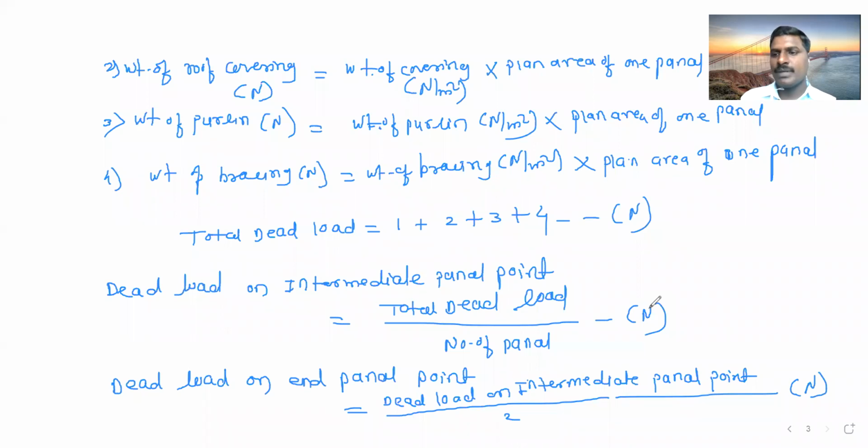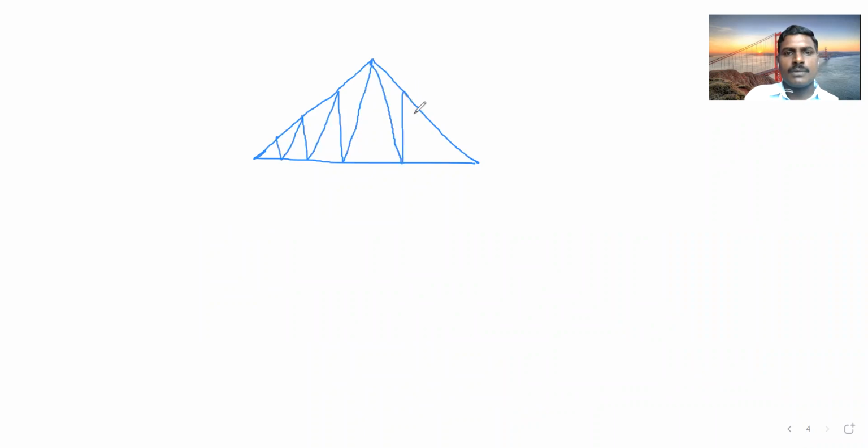Yes, sir. Okay. So now this is the word truss. Okay, so these are your panel points. Are you getting? Okay. So this is 1, 2, and 3.